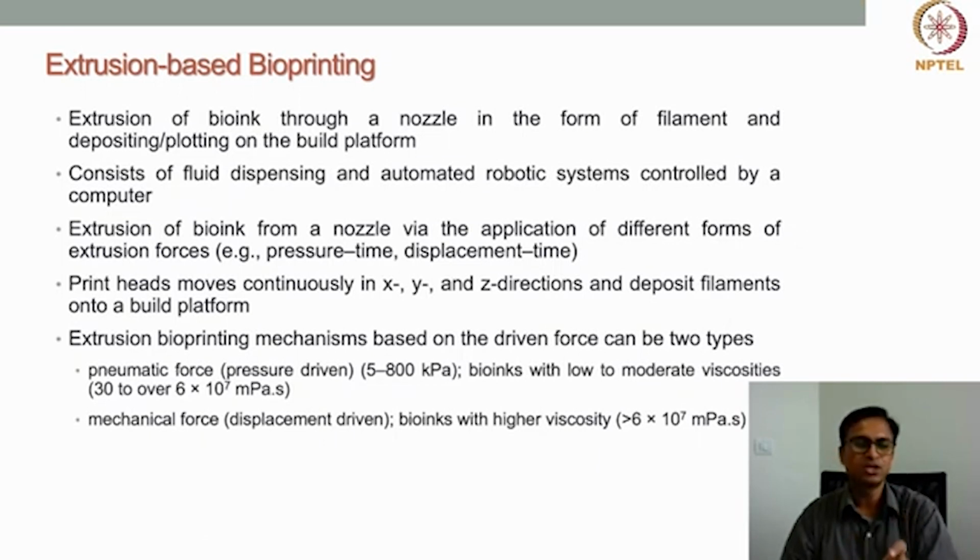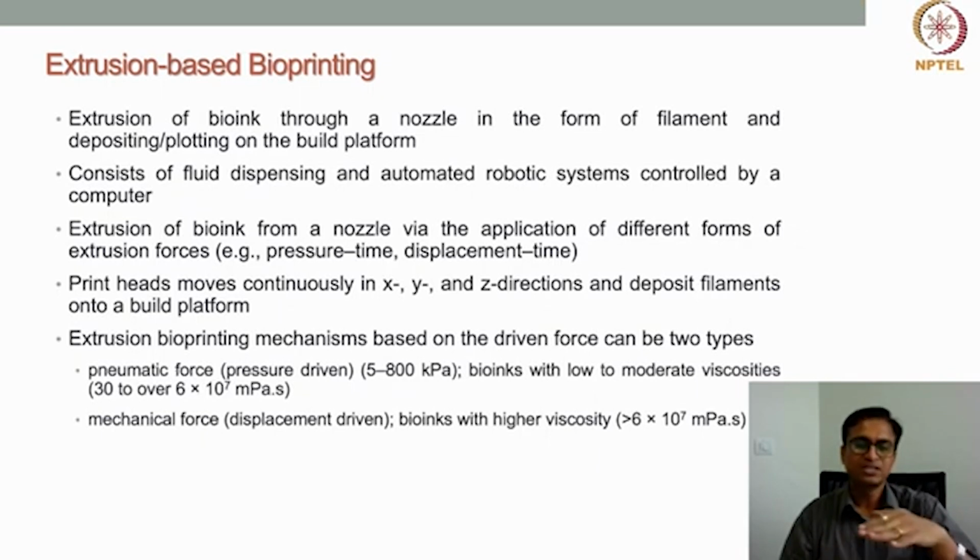So temperature controlled syringe is very much required to print certain types of biomaterials. The stage temperature can also be controlled. We can keep the stage at 37 degrees centigrade, at room temperature, or below, depending on the required temperature.